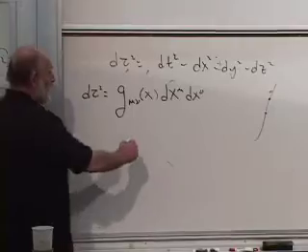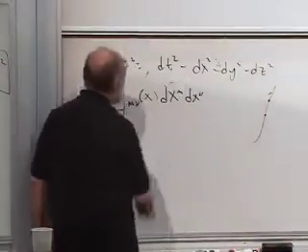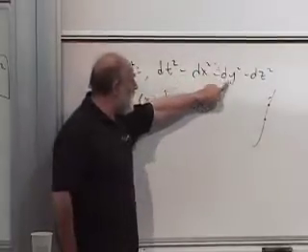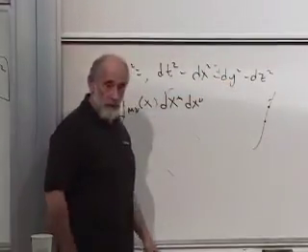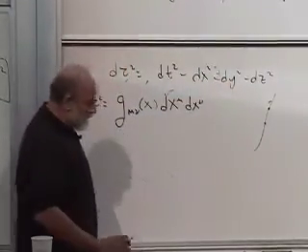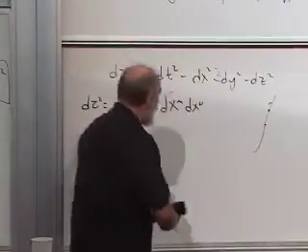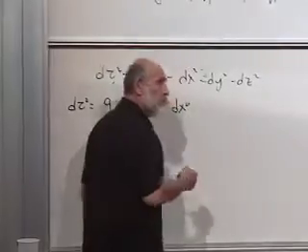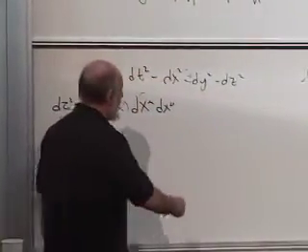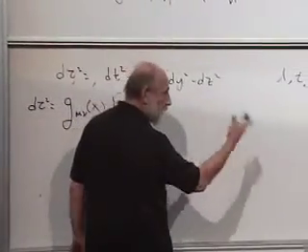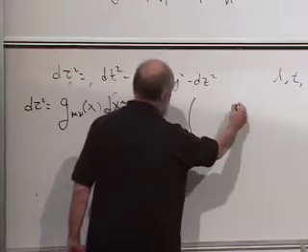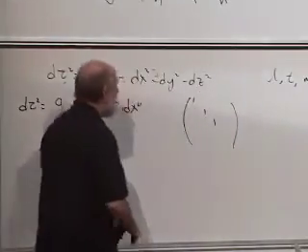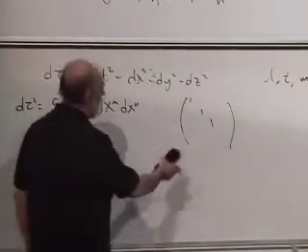Well, it's clear. It's of the form 1 for the dt squared, and -1, -1, -1 for the dx squared. In other words, it's a matrix, just like G was a matrix before. In flat coordinates, originally, the metric was 1, 1, 1, whatever. What is it now?